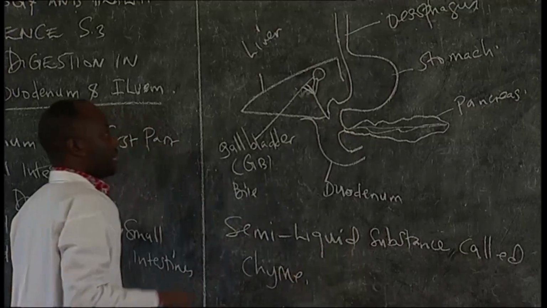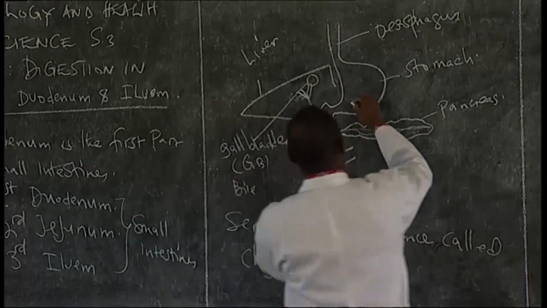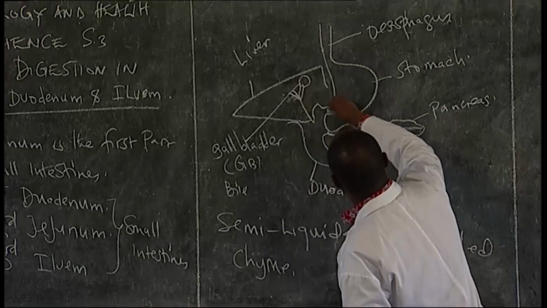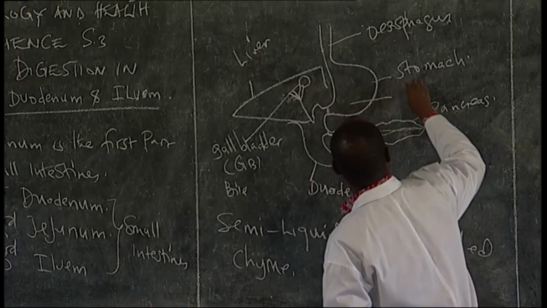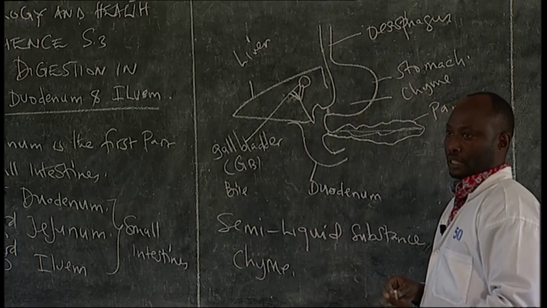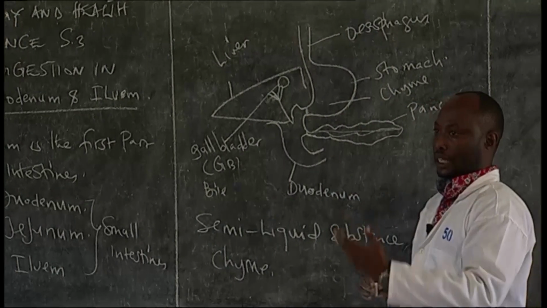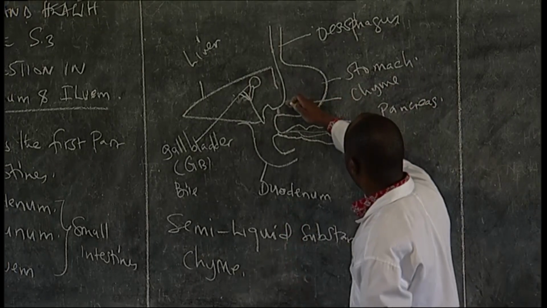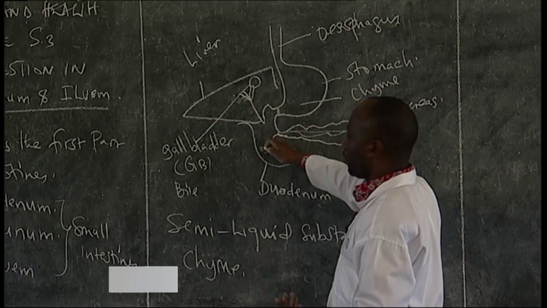After food is broken down, it is going to be pushed into the duodenum. What is found in the stomach is called chyme. The chyme is a liquid substance, greenish in color, and this liquefied substance is going to be pushed into the duodenum for further breakdown.